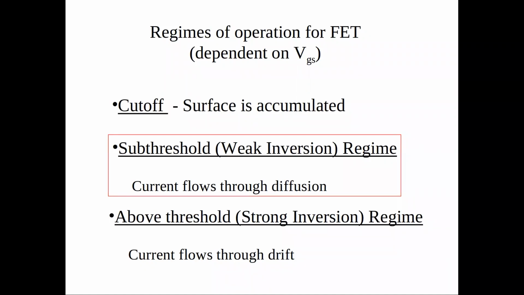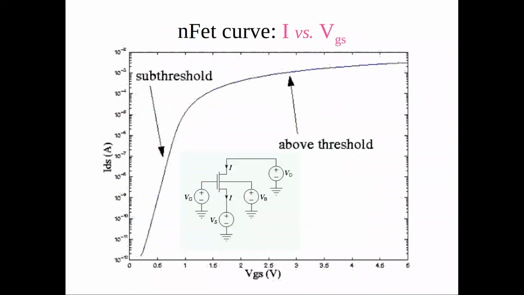So now, if you measure these currents from a transistor, this is what you would observe. I think I already showed this plot before, but essentially when you have small gate to source voltages, this is when we are in this weak inversion or subthreshold regime, and this is when you have exponentials. And in a semi-log plot, that means you have a line.